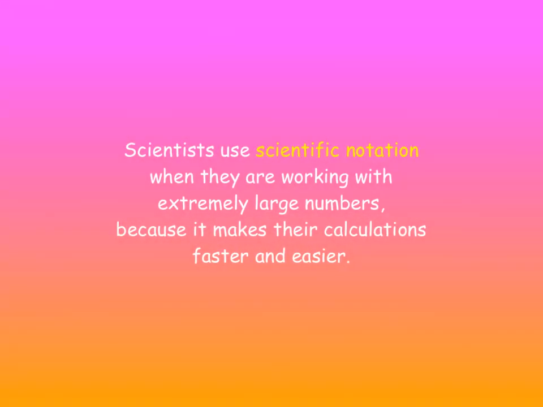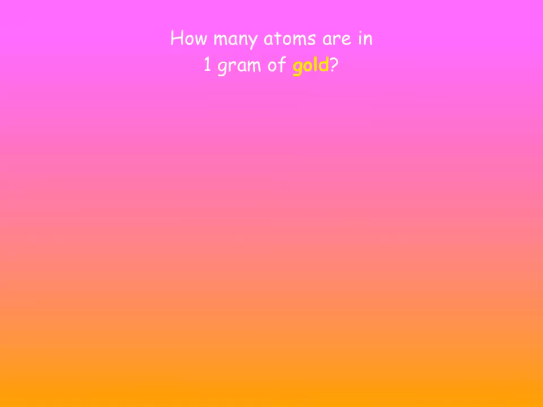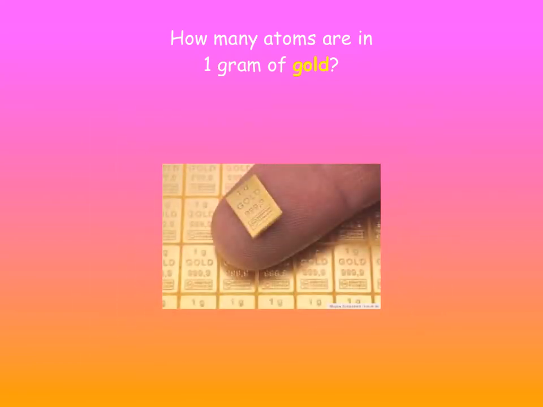Scientists use scientific notation when they're working with extremely large numbers because, well, it makes their calculations faster and easier. Here are some examples. How many atoms are in 1 gram of gold? Well, here's a picture of 1 gram of gold. Not even as big as the end of your finger. A gram is not very much.